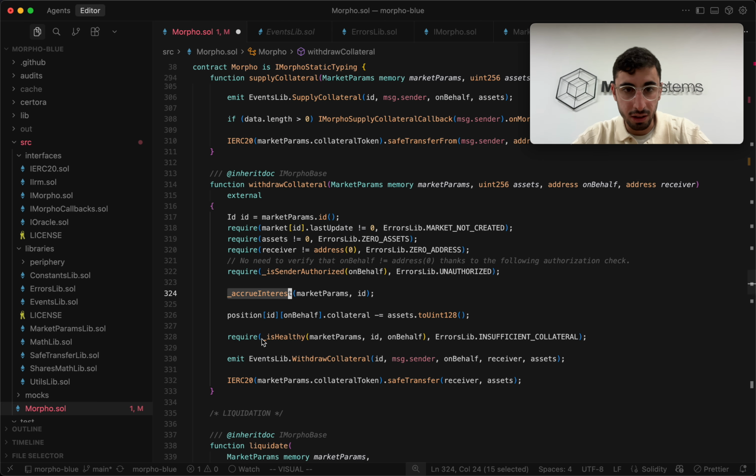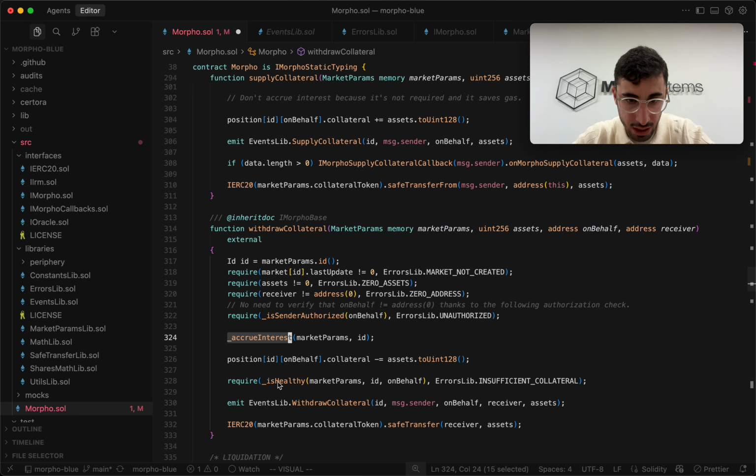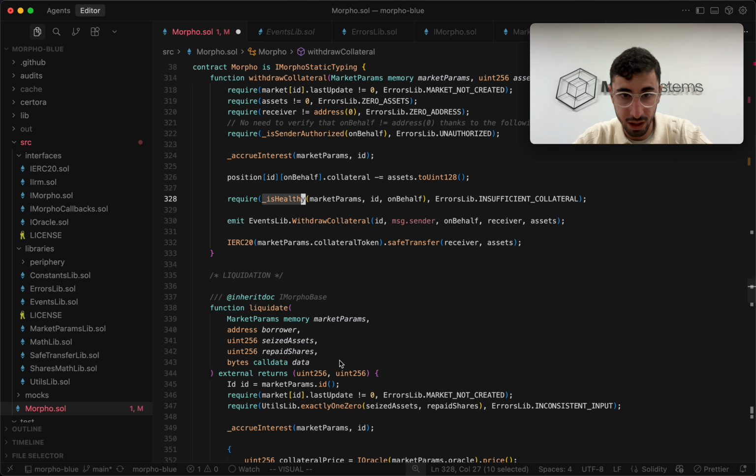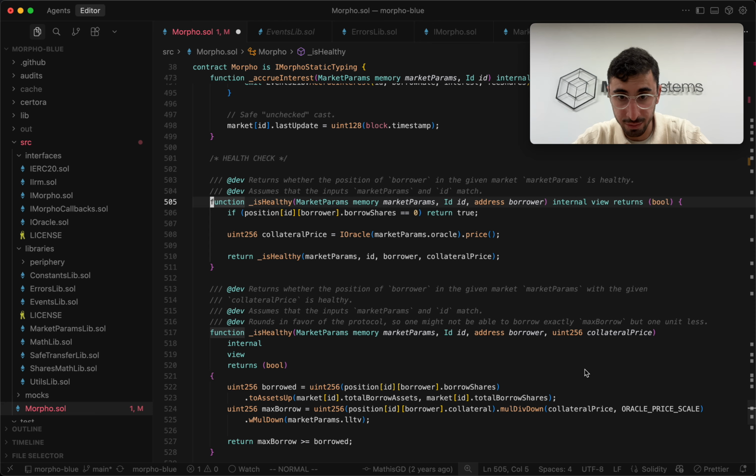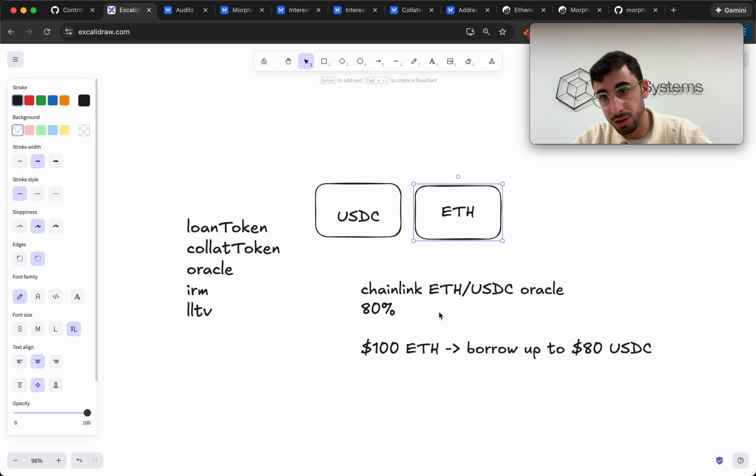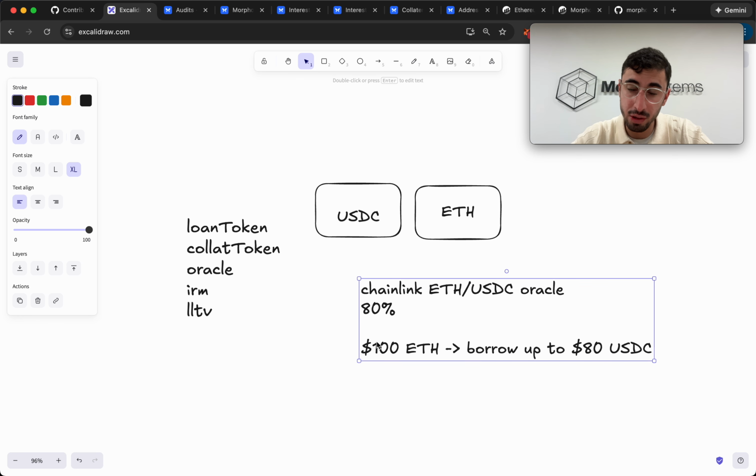The other thing that you check is healthy. We have an is healthy function, and if you have a loan to value ratio of 80%, you basically check whether it's under 80%, then it's healthy. If it's over 80%, it's not healthy, and you can get liquidated.